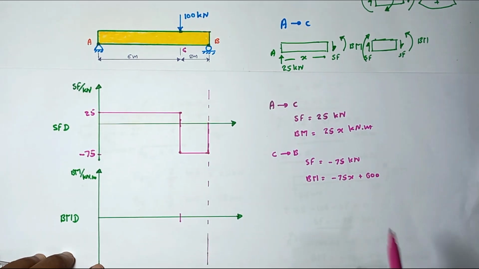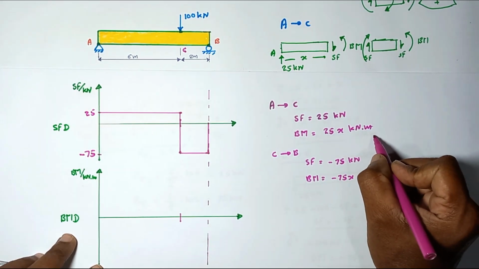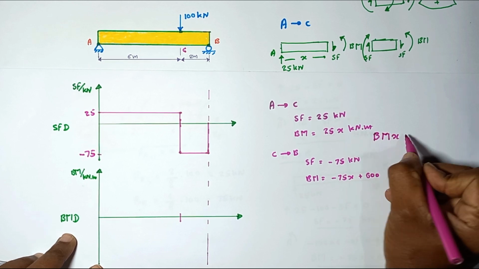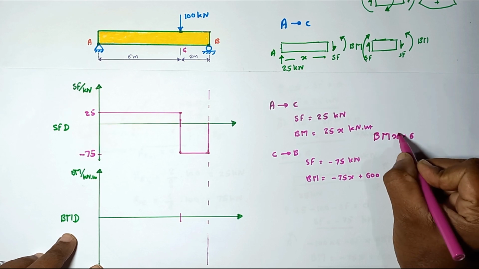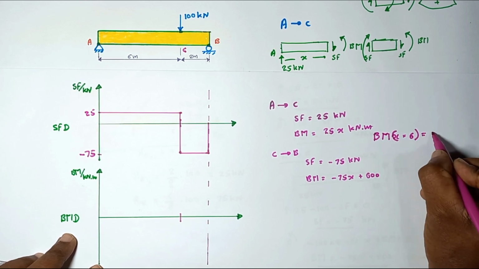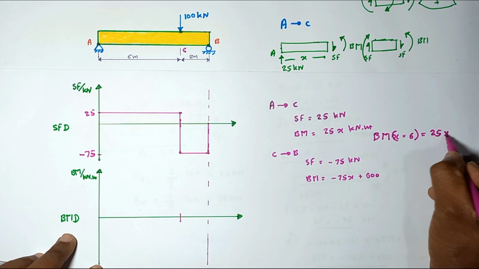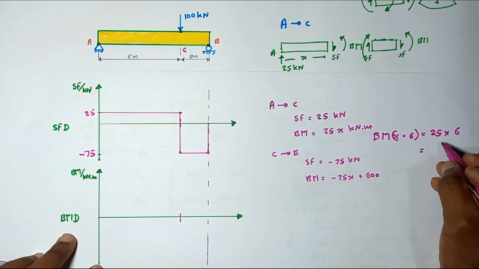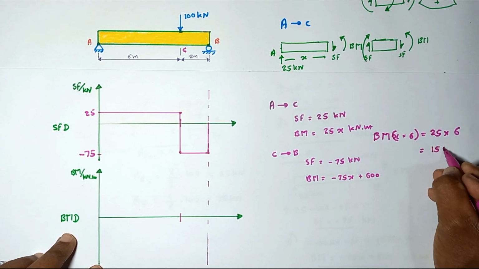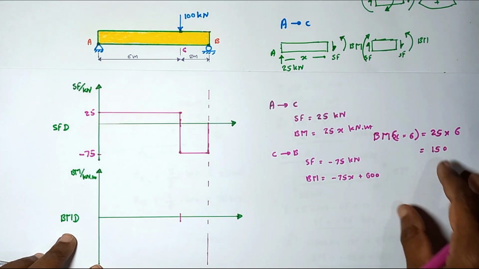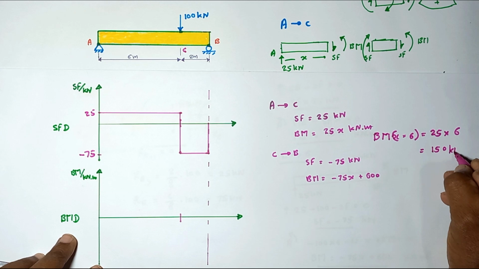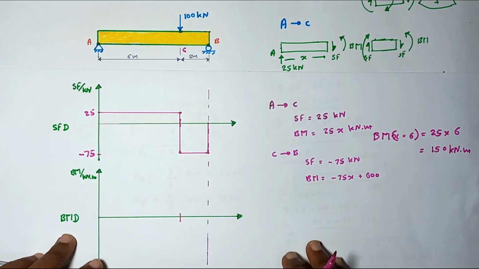What is the bending moment at x is equal to 6? 25 into 6, that is equal to 150 kilonewton meter.